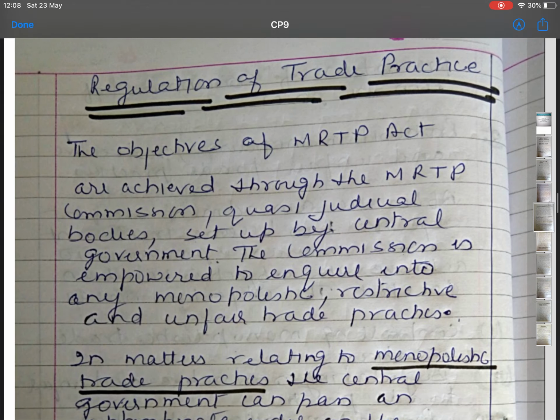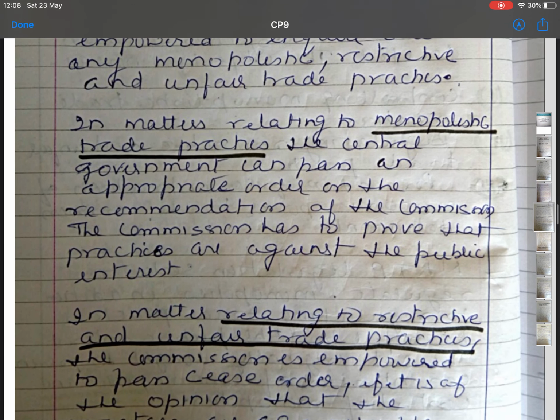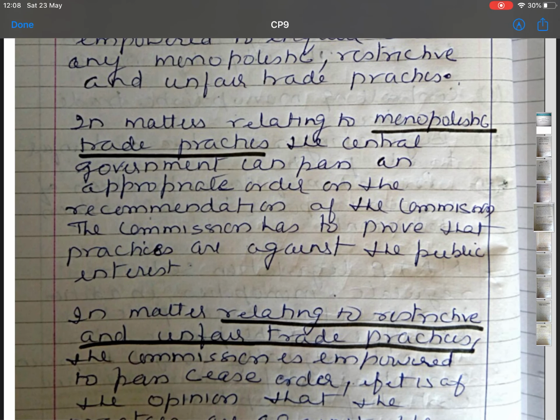In a matter relating to monopolistic trade practices, the central government can pass an appropriate order on the recommendation of the commission. The commission has to prove that the practices are against the public interest.